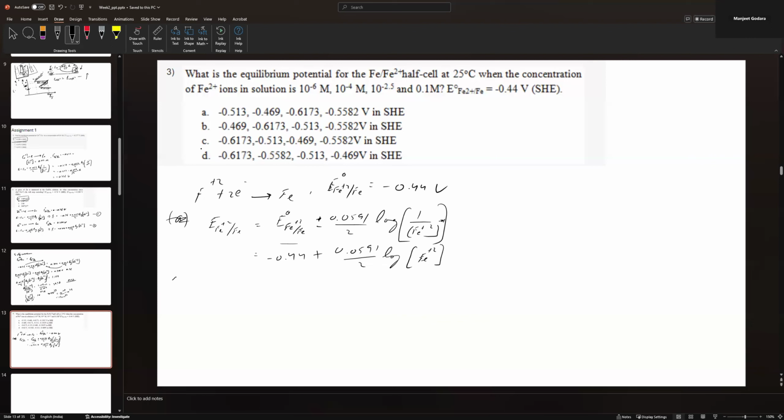Okay, so first question, next part. We're given Fe2+ concentration is 10 to the power minus 6. We get E equals -0.44 plus 0.0591 divided by 2 into log of 10 to the power minus 6.